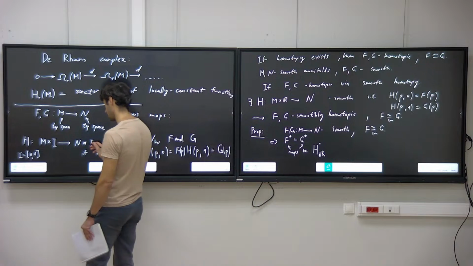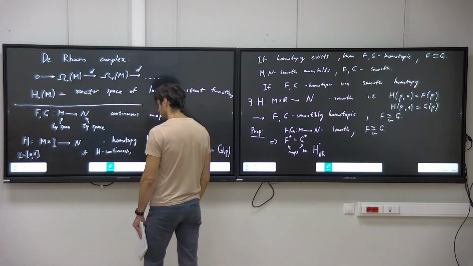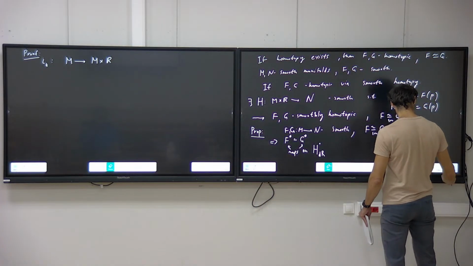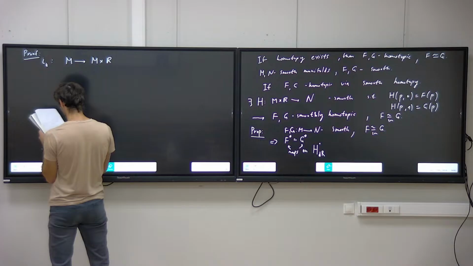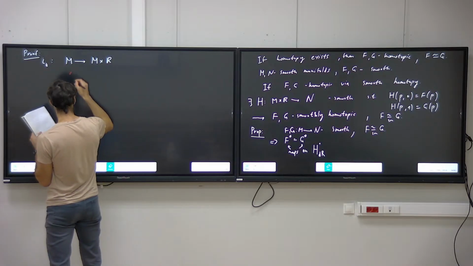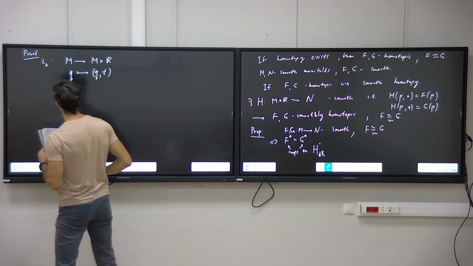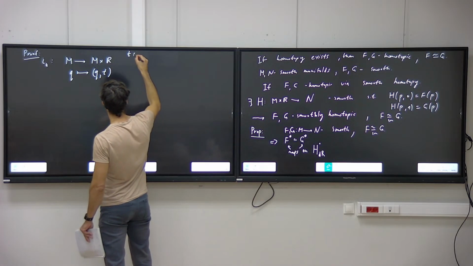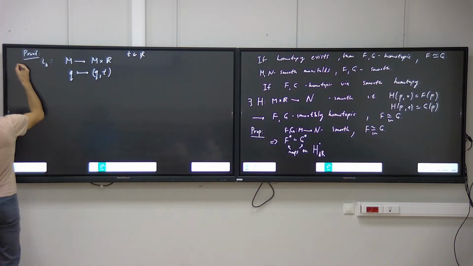All right, now it's better. So I have i_t, which is from M to M cross R, and this just sends a point q to it's just an inclusion, where t is just a real number. Fine.